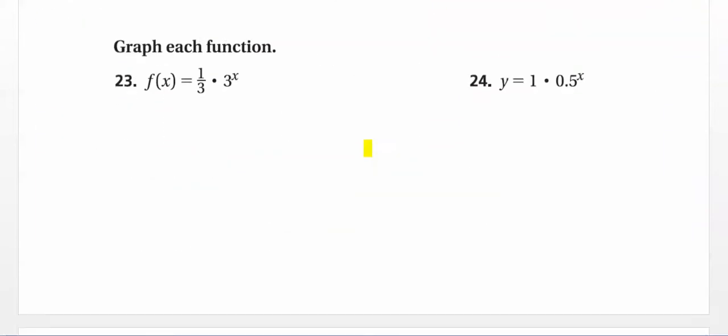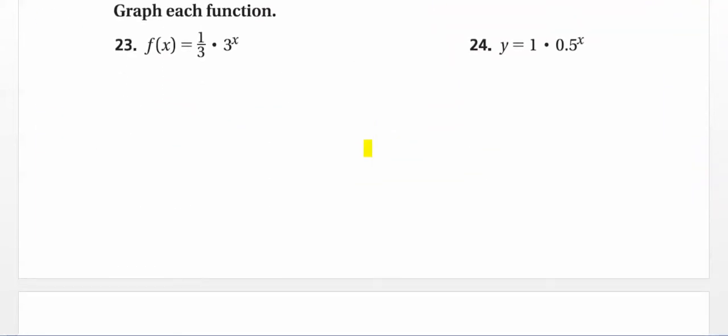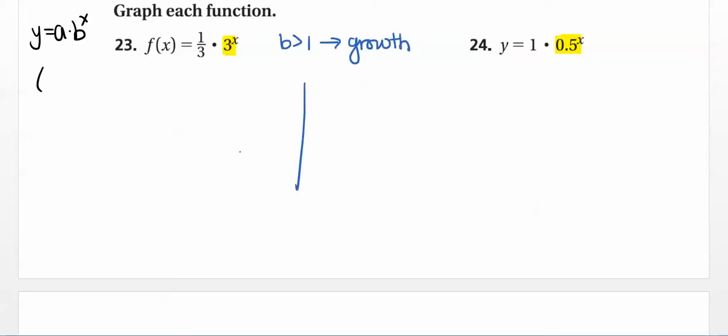Okay. Graphing the functions. The steps that I gave you were some major points that are always used with these when you have y equals a times b to the x. Now first of all, look at the b values, 3 and 0.5. If the b is greater than 1, then it's growth, which means your graph is going to look something like this.